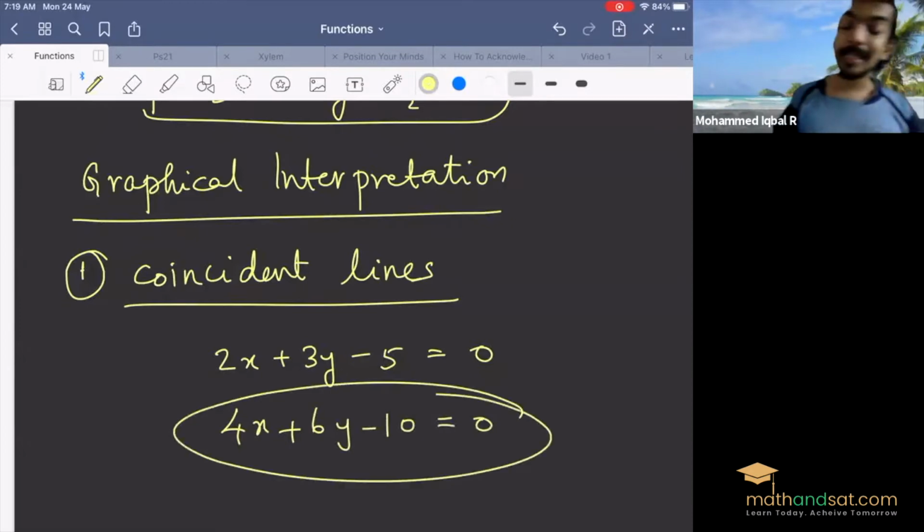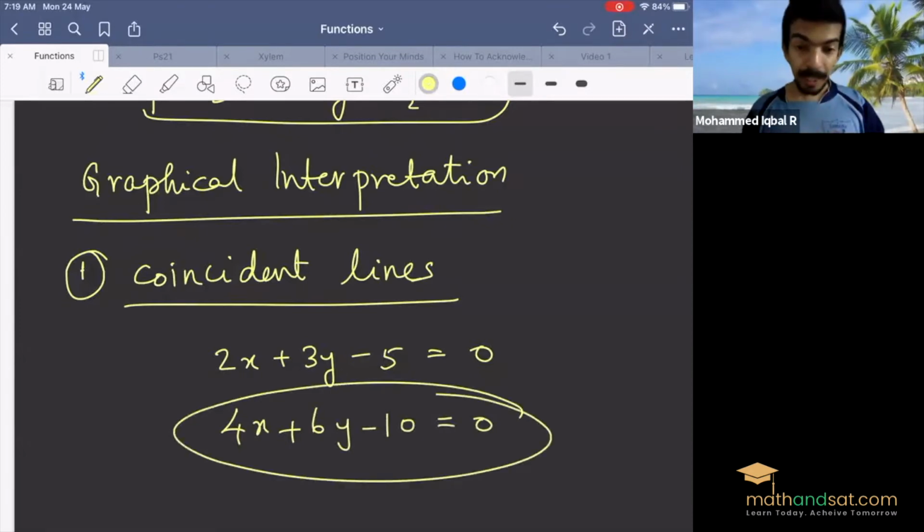We are going to get a different equation with different coefficients. But don't you think these two are the exact same equations, the exact same conditions? Tell me, please.